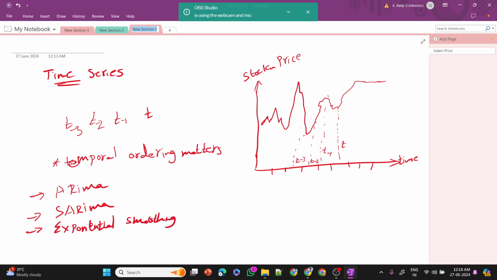These are the most popular time series algorithms in machine learning.